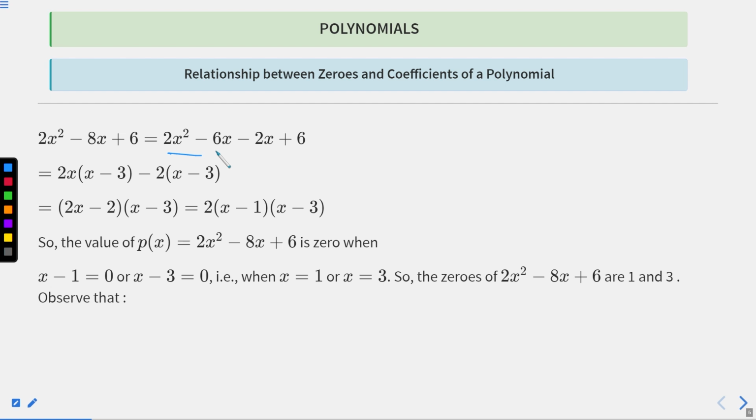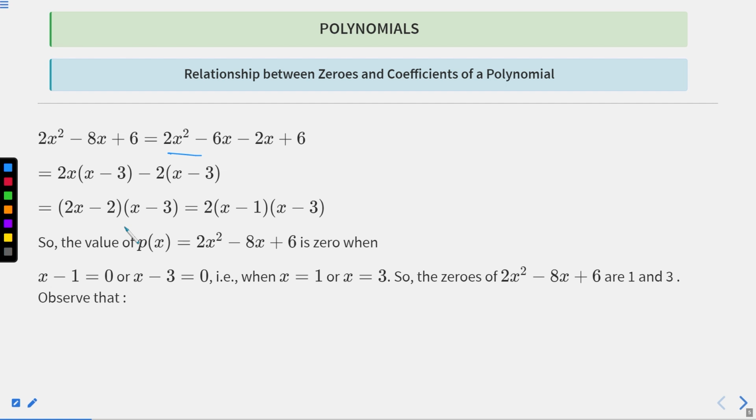Here x minus 3 is common in both terms. So x minus 3 times 2x minus 2, and this is equal to 2 times x minus 1 times x minus 3.